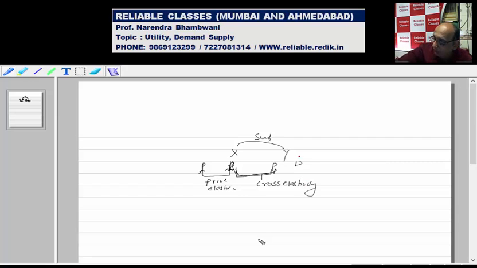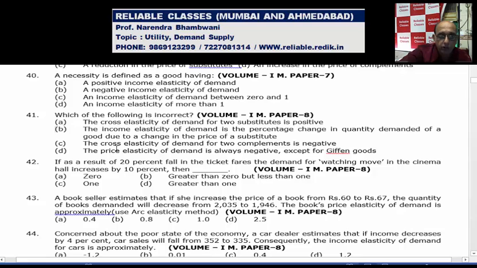Now if price is going up, this demand will go down, and when this demand goes down, this demand will go up, isn't it? So these two are having which relation, positive or negative? Positive relation. The first one is true.